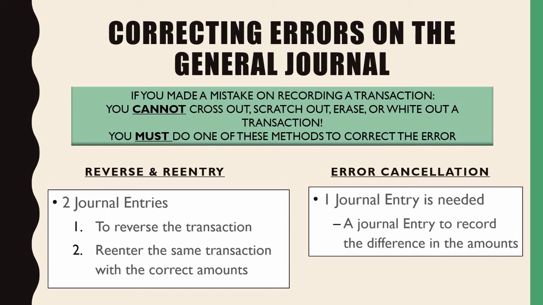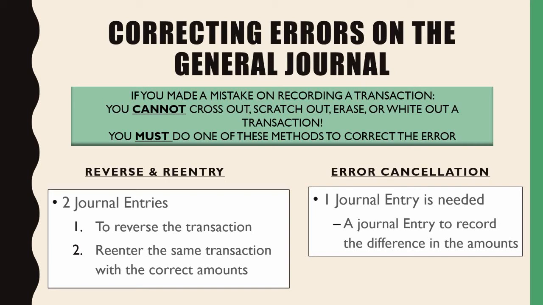Now, the difference between the two is that the reverse and the reentry has two journal entries that you need to do, where error cancellation only has one. What the reverse and the reentry does is it takes the transaction, you're going to reverse it, and then you're going to re-enter it with the correct amount.